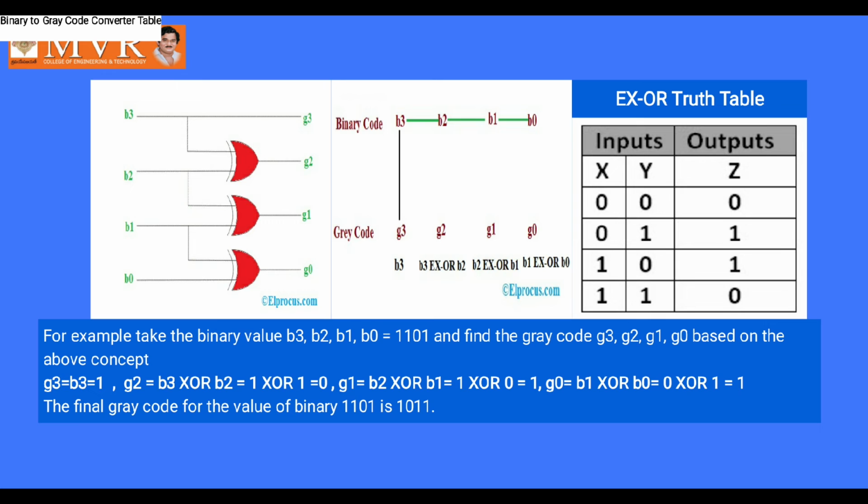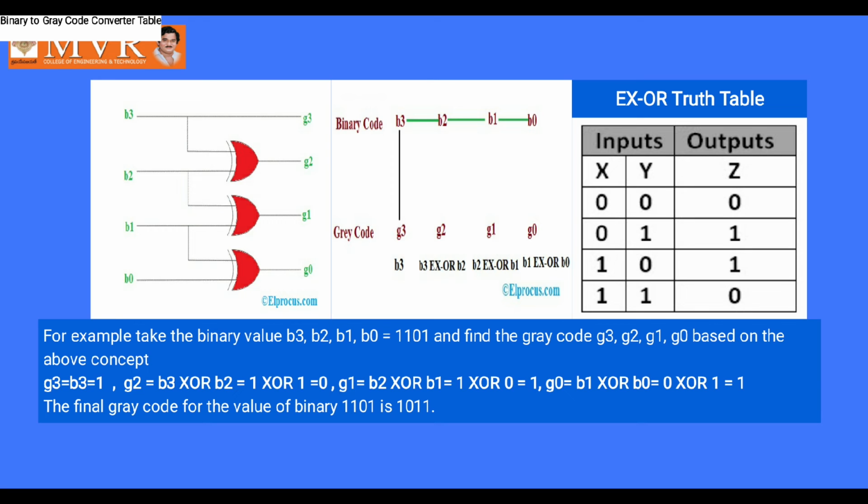When 2 inputs are different, the output will be 1. You can see the same in the truth table. If the 2 inputs are 0, 0 or 1, 1, the output is 0. And if the 2 inputs are either 0, 1 or 1, 0, the output is 1. Remember this truth table for converting a binary code to grey code.